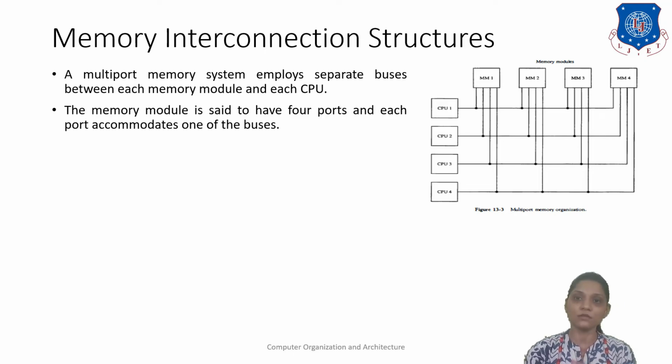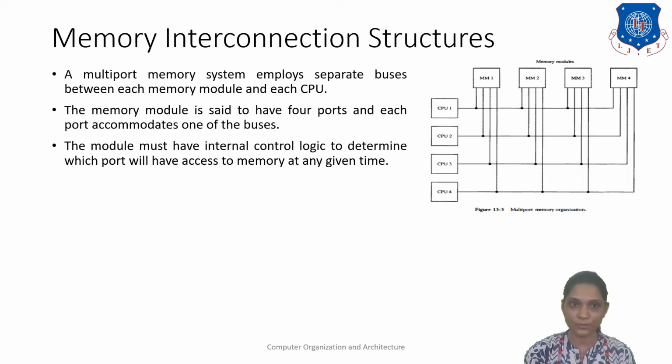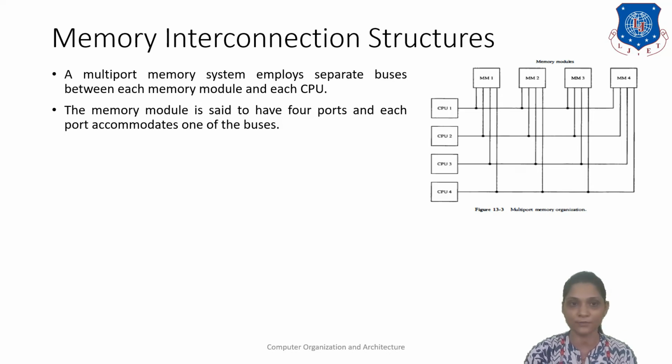So the memory unit must have four ports to connect with the four CPUs, and these modules must have internal control logic to determine which port will have access to the memory at a given time. From that, which CPU has control of that particular memory module is determined.